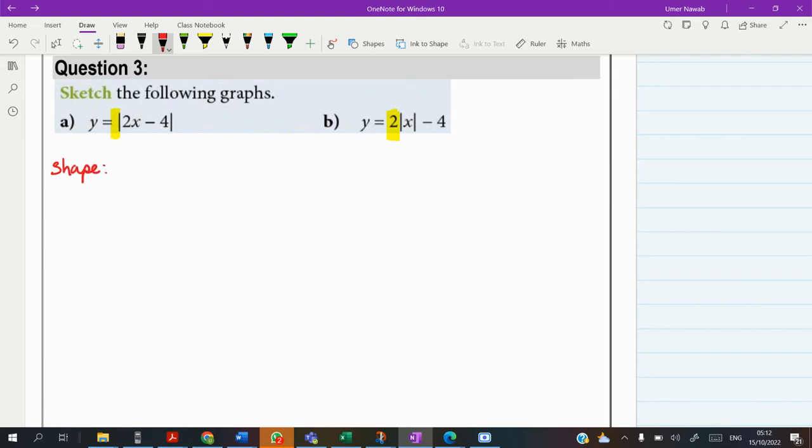Shape is like this, and this shape is also like this. Next is vertex. For the vertex, whatever you see in the bracket or within the bars, put it equals to 0.